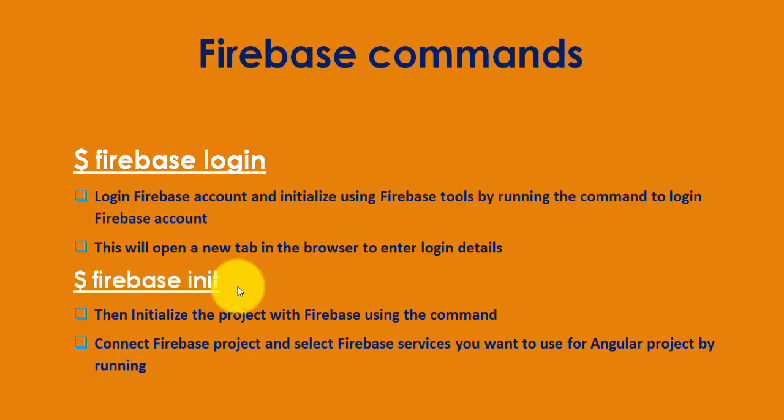It will initialize using Firebase tools by running this firebase login command to log in to the Firebase account. You need to use the same login account you used during creation of your Firebase console project. So it will open a new browser tab to enter the login details.